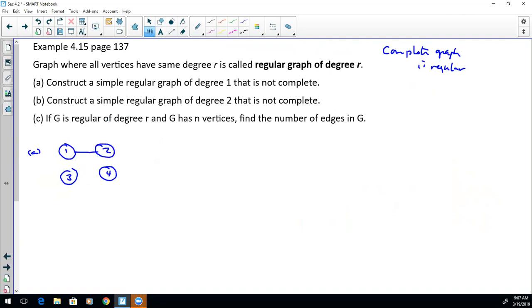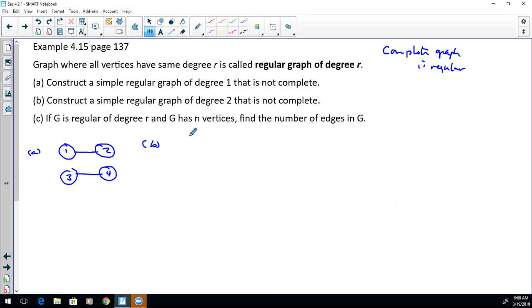And so there's one. Actually, get even simpler than that. You can just take the top two. Two separate pieces in this case. Vertex 1 is degree 1, as are 2, 3, and 4. It's simple. There's no multiple edges, no loops. So there you go.